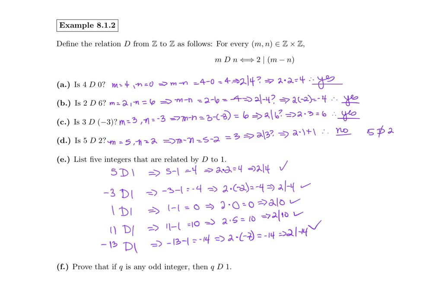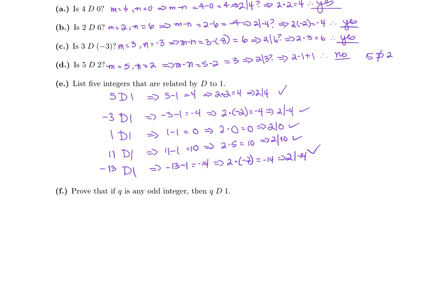So the last question on this page asks us to prove that if Q is any odd integer, then Q is related to 1 by D. Well, we kind of came up with that rule just now when we were trying to figure out some numbers that would work. So this proof should hopefully be pretty straightforward.